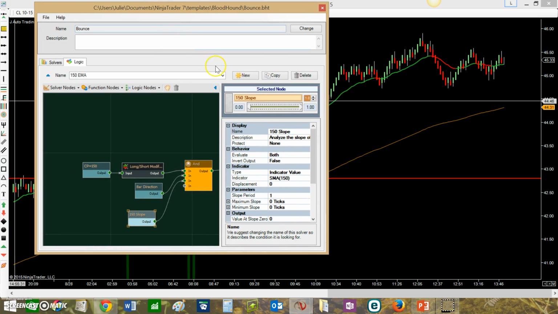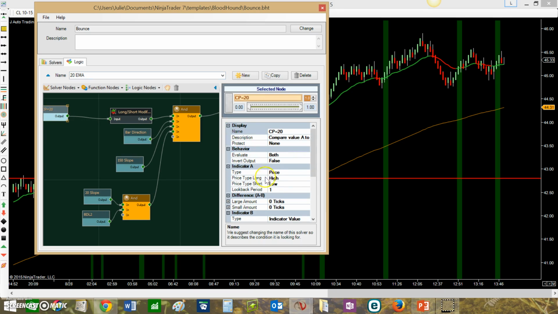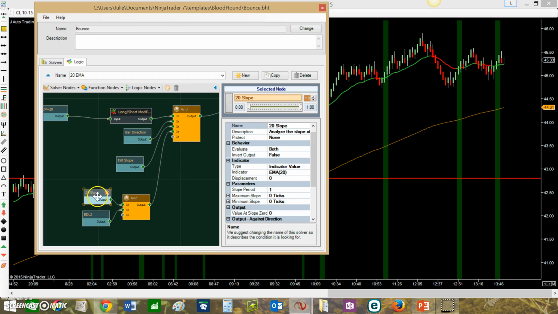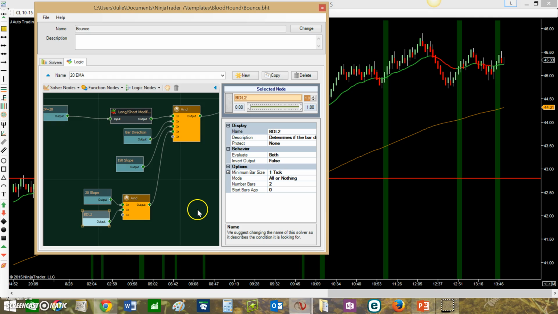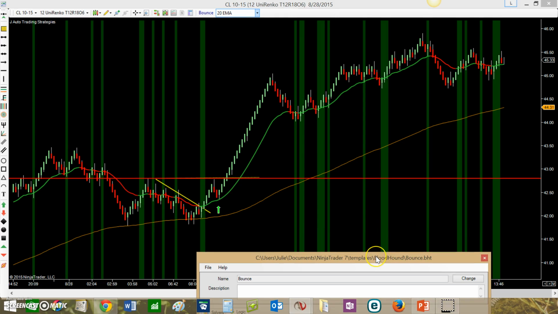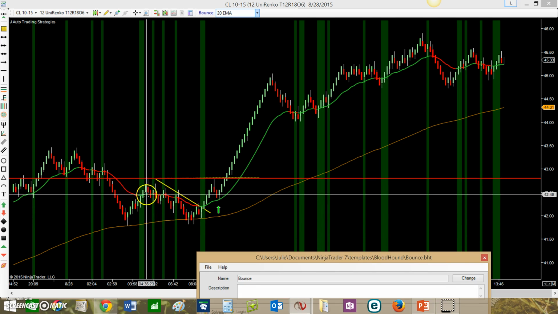If you want the 20 EMA, you just copy that solver and change your CP to 20. I also can put a 20 slope and a bar direction too, just to eliminate some of those extra signals that get you in on a down slope.